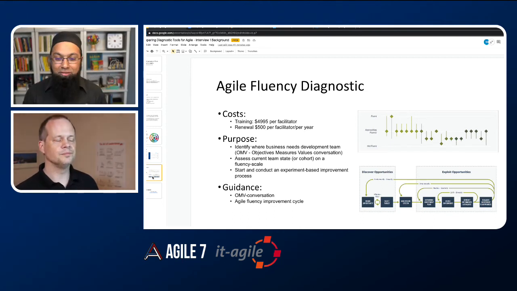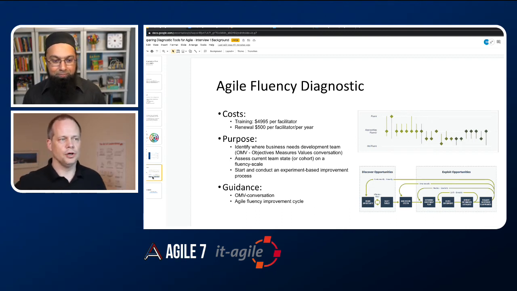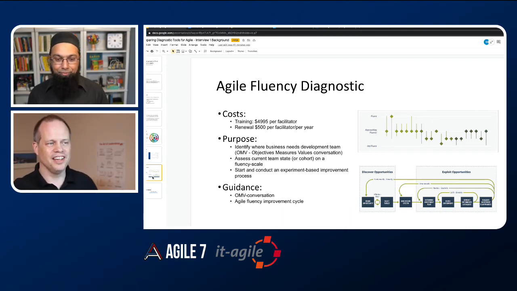Yeah, absolutely. So let's move on to the one that you and I both have done the most, right? Which is the Agile Fluency Diagnostic. Maybe you can chime in, and then I can also share from my experience. Yeah, sure. I can tell you a lot about that. So the Agile Fluency Diagnostic is aimed at training facilitators.